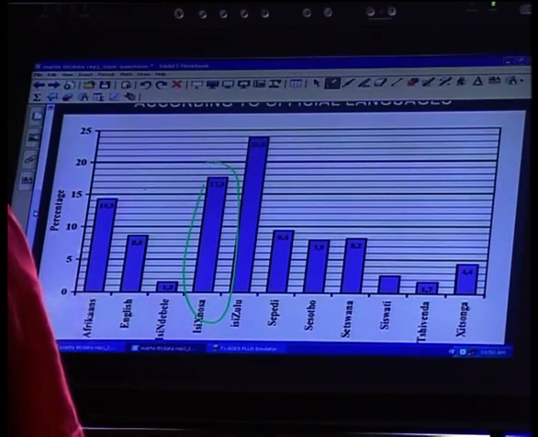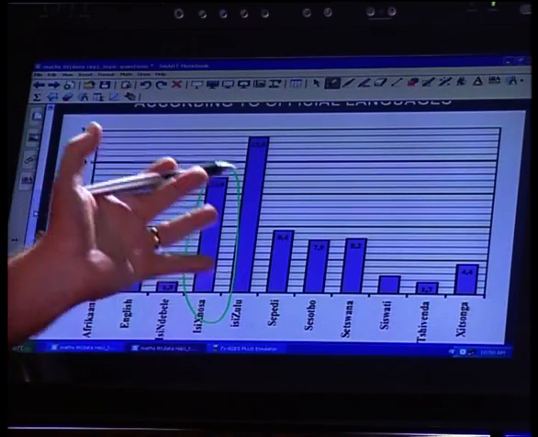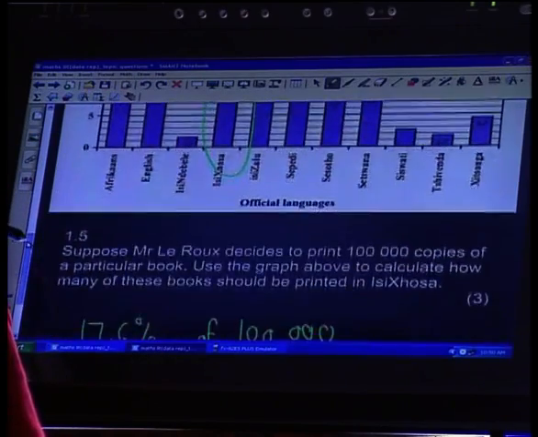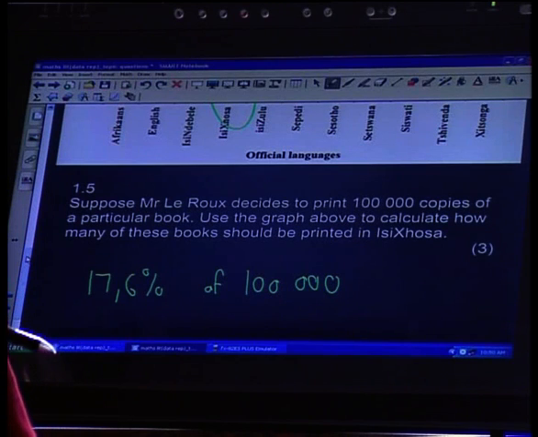That means that a certain percentage of those 100,000 must be made into English, another lot must be made into Afrikaans, another lot as isiXhosa, Tshivenda, and so on and so on. The question is, how many? Well, we should use our information on the chart of what percentage of people speak the different languages to guide how many books we should print in those official languages.